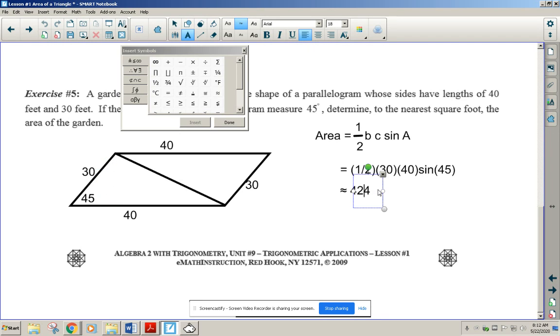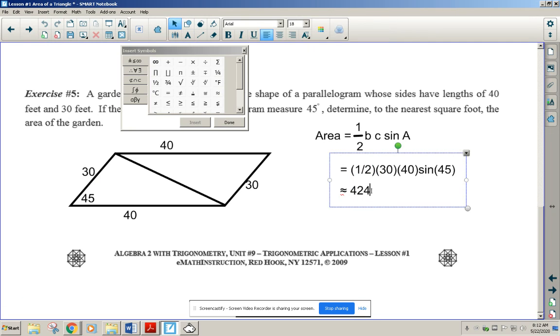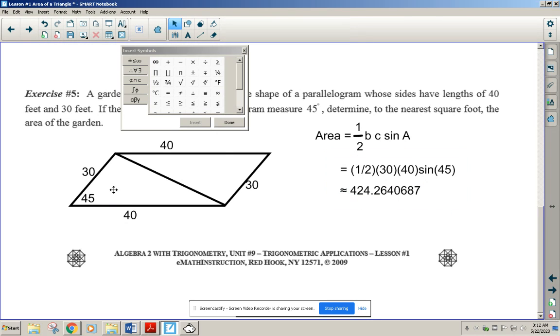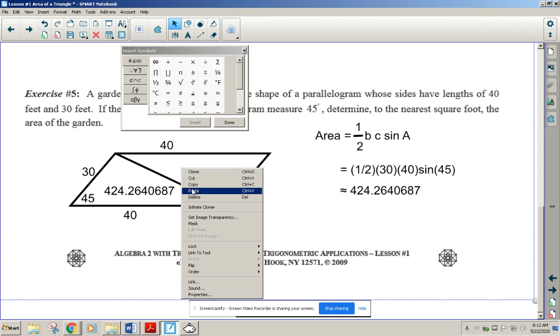Actually, let's go back to here for a second. Let's take this on my calculator. This was 424.2640687. And this is also here for the area.